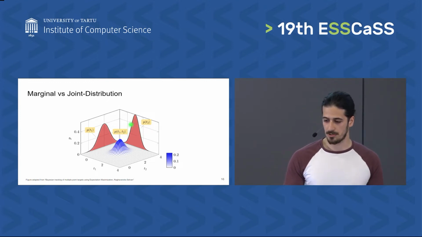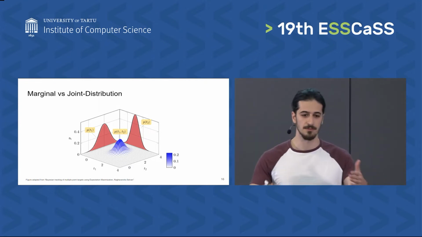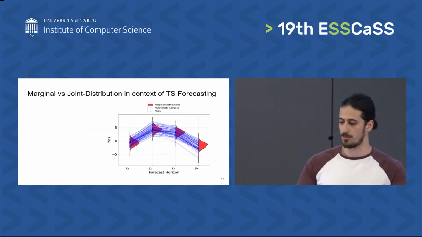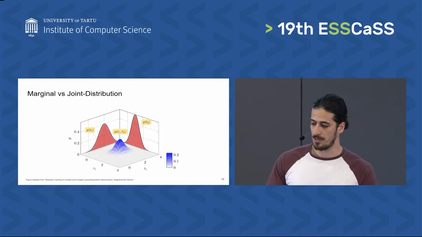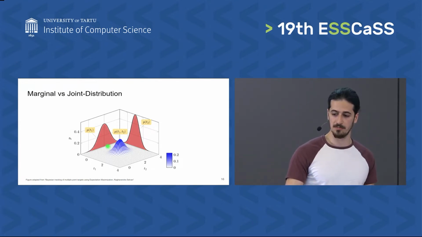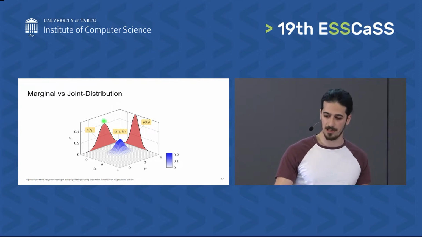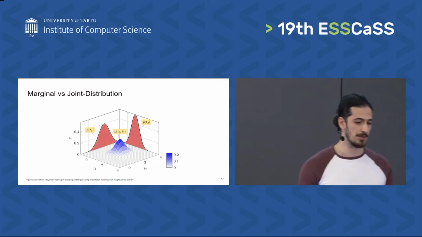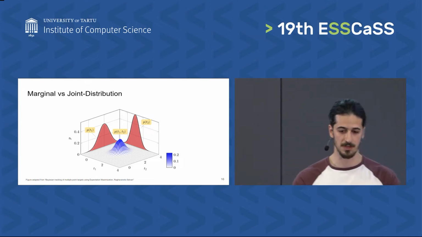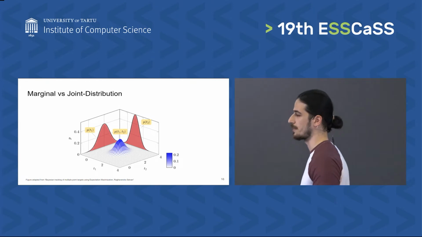Each of these marginal distributions could also, instead of predicting the marginals, have the model predict the joint distribution, which is this object in the middle. So not only do we have some information about the distribution per time step, we also have some information about how these two time steps interact. In some other sense, correlation between the time steps.